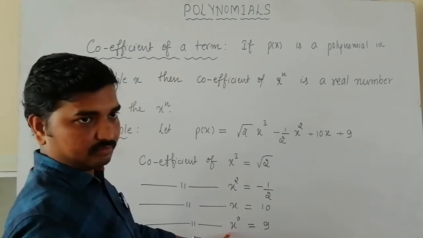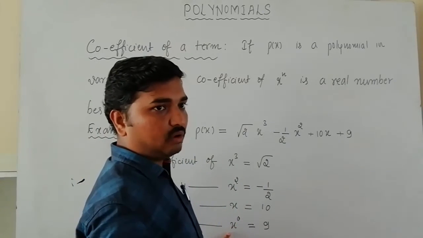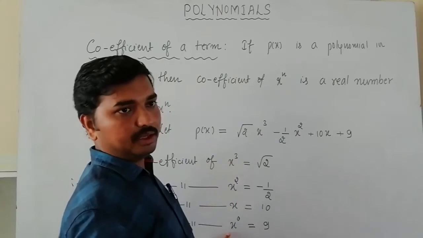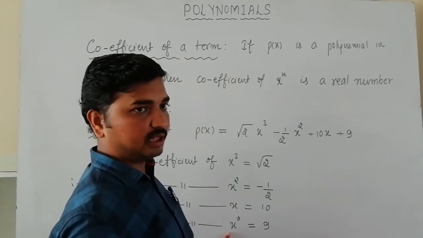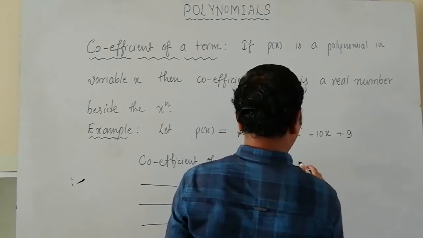the last term, the term which contains x power 0, is also called the constant term of the polynomial. Okay, so this is one of the important things you need to remember. I'm going to write it here.